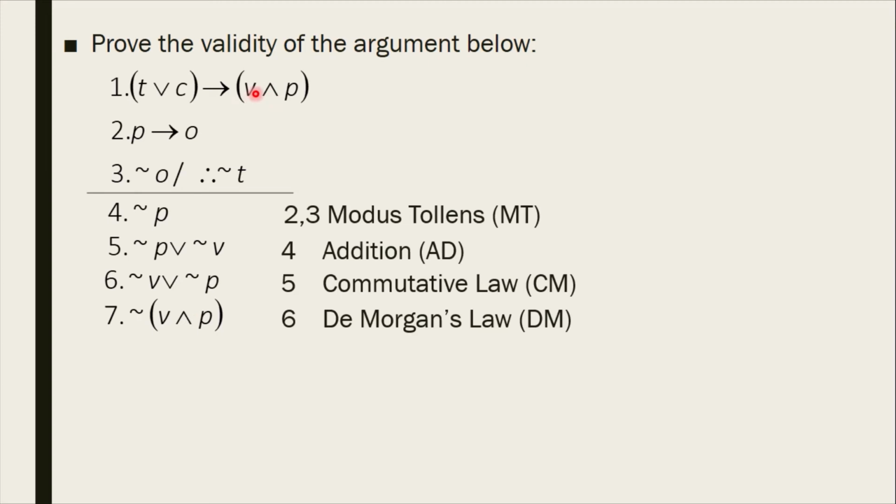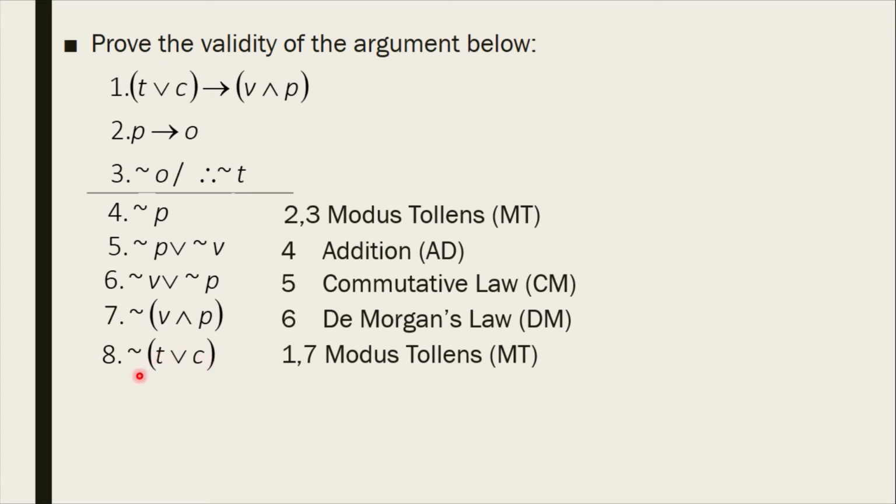Okay, since we have negation here and we have a conditional statement, and the consequence is being negated in number 7, we're going to negate also the antecedent using modus tollens. So we'll have not T or C.